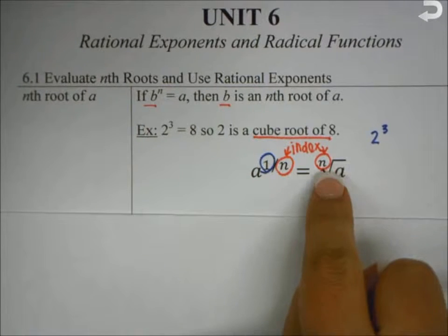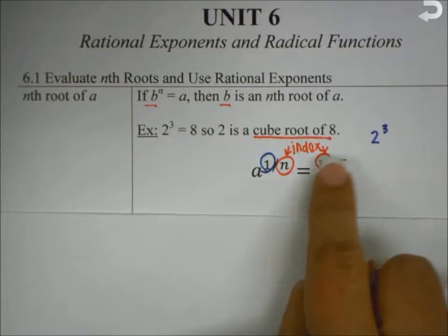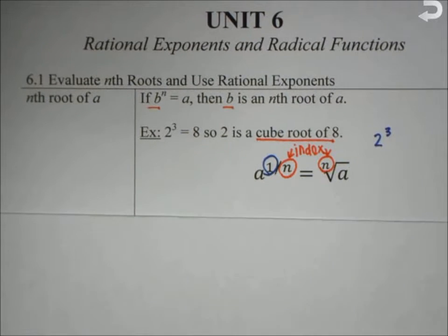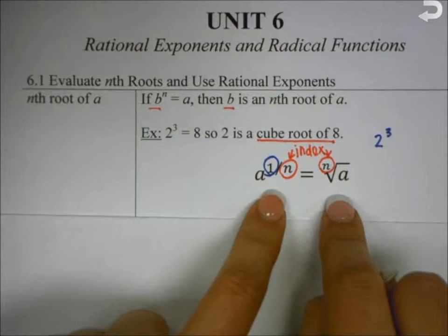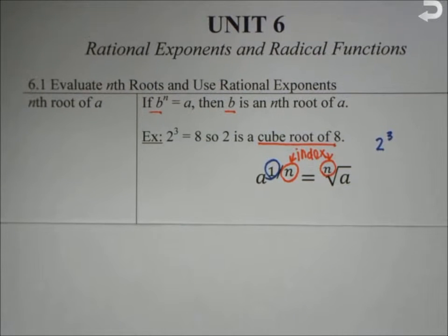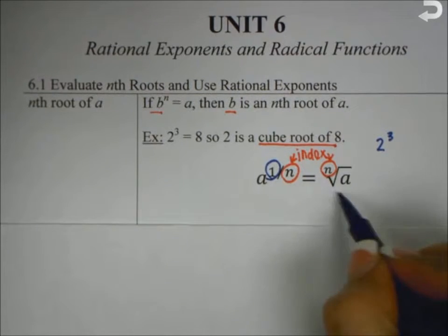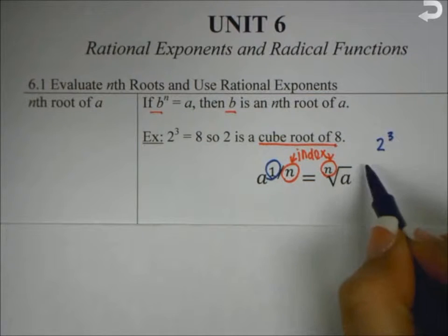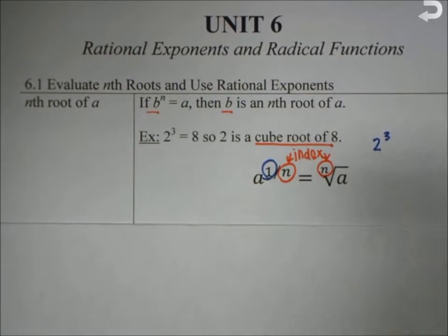Now these two different types of notation do have two different names. If we are writing the number with the index to a radical or a root, that is called radical notation.